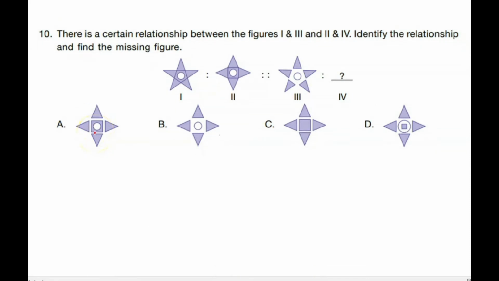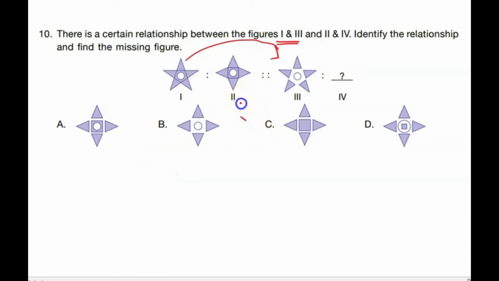Here is there certain relationship between the figures 1 and 3 and 2 and 4. We have to identify the missing figure here, following the same relationship. Okay, so here what's happening? Figure 1 and 3 are related. 1 is interlinked to 3.